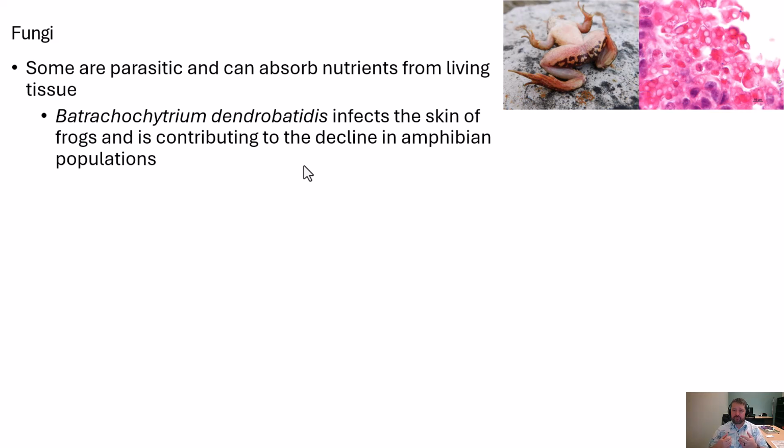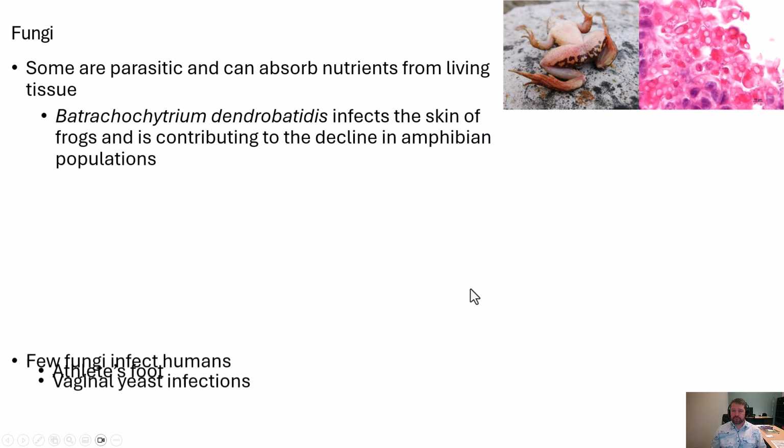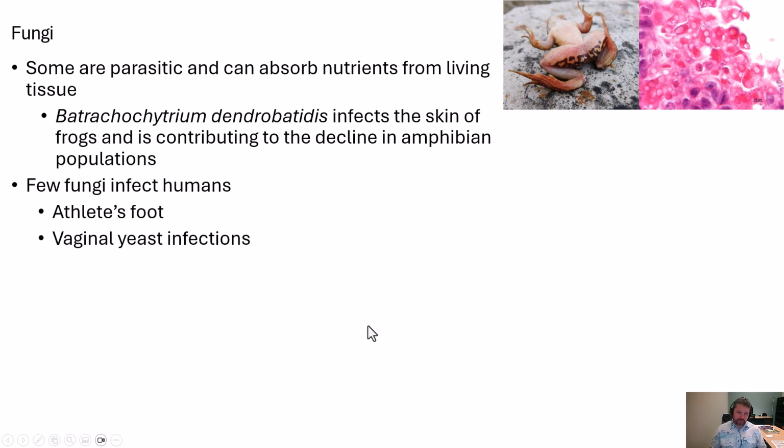So maybe those amphibians have been removed from the region because they all died out, and then we want to come back and reestablish their population. Well, sometimes Dendrobatitis is still in the body of water, it's still in the system, and that can hamper recovery efforts.